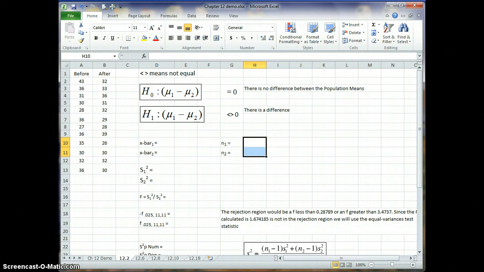And there's two types. There's the independent samples, which is what we'll be looking at in these first set of problems, and then the last problem will be the difference between a matched pairs experiment, which I'll talk about later. But with independent samples, one of the things we do is what's called an F-test.